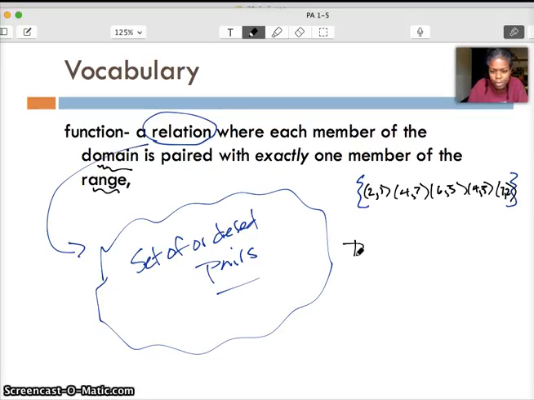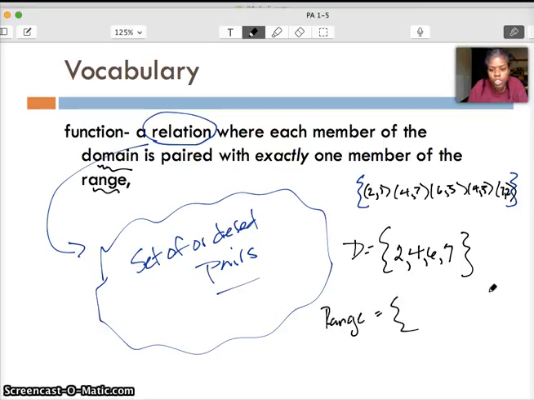Well, let's look at the domain really quick. What's the domain of the relation that we have here? We've got 2, 4, 6, 4, and 7. So to write this in order, I would write 2, 4, 6, 7. Remember, I don't have to repeat the values that I write in there, even if it appears more than once. And the range would be 1, 7, 5, 3, and 2. So I'll write that as 1, 2, 3, 5, and 7.